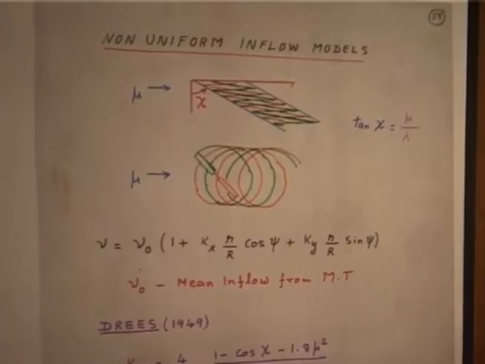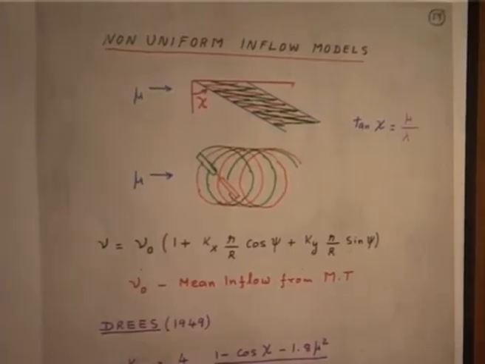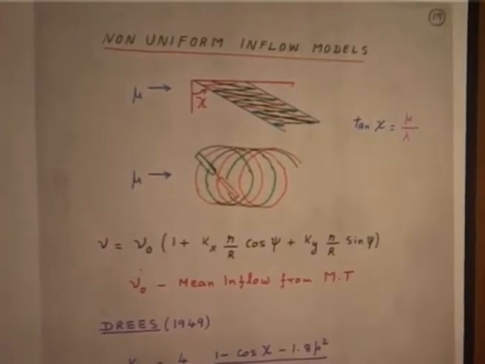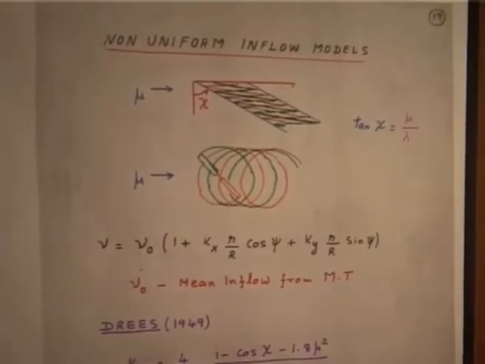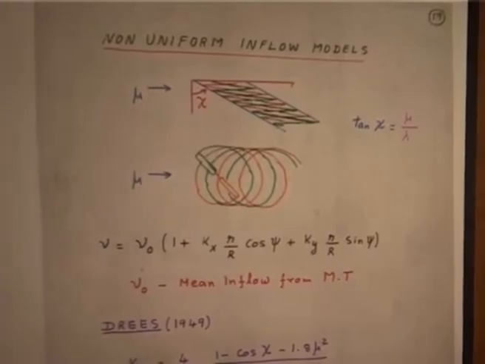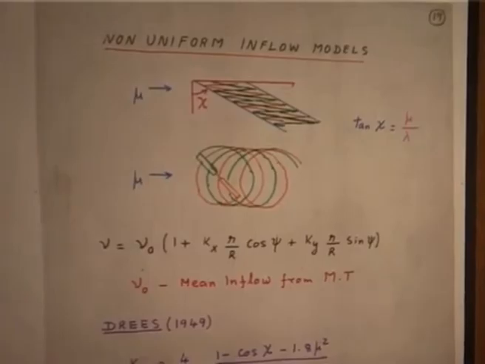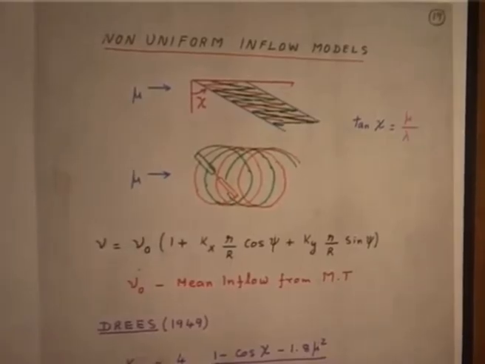Now I am just giving you a brief history of how you get the inflow. It's a very interesting part. What you do is, you assume an actuator disc. Actuator disc means it has an infinite number of blades, and every blade is giving out a vortex.